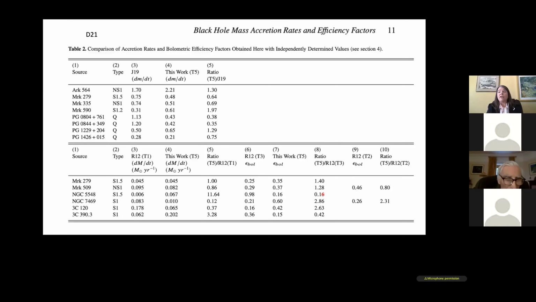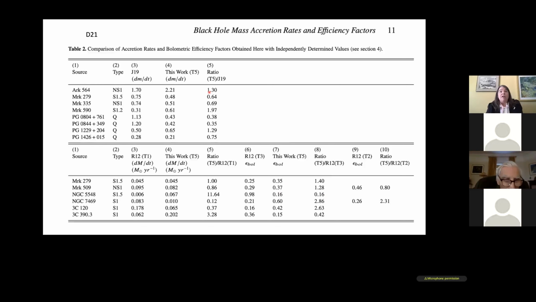In any case, here are the ratios shown for these values. So they're consistent to a factor of 2 or so, except for one source, which comes in off by about a factor of 10, and we'll see that also in the mass accretion rates.